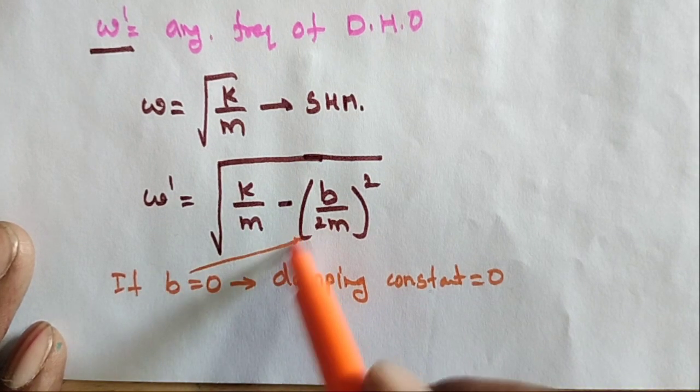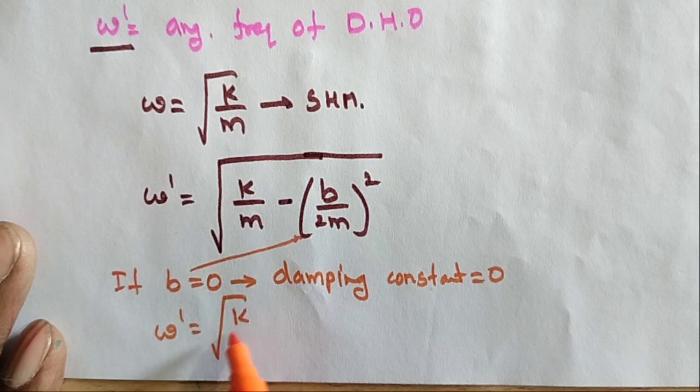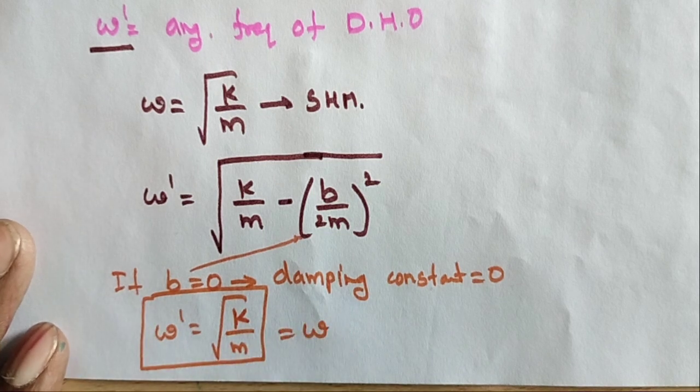Substituting b equal to 0, omega dash is equal to under root of k by m, which is equal to omega, the angular frequency of simple harmonic motion.